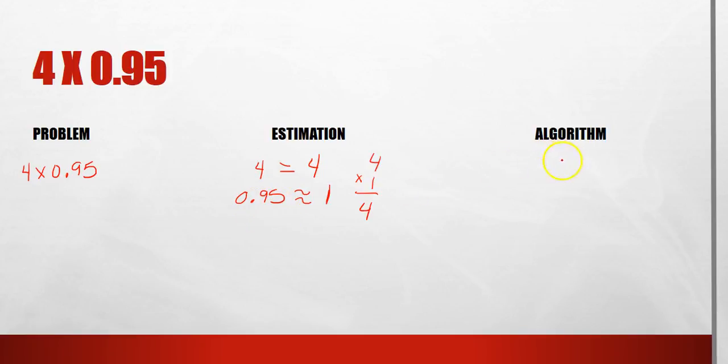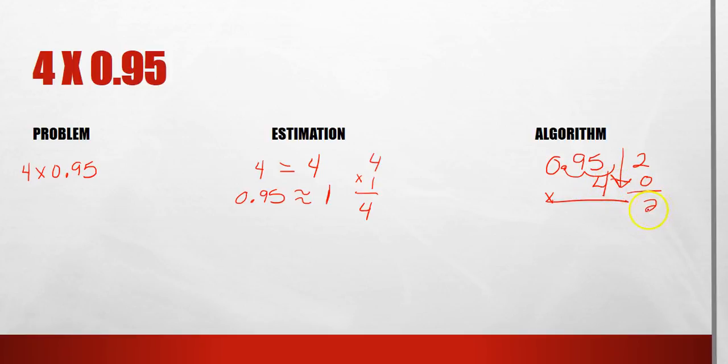95 hundredths has more digits in it, so it's going to go on top. Times 4, I'm not lining up my whole numbers. I'm lining my numbers to the right. I'm going to move out 2 place values, which makes sense because tenths, hundredths.